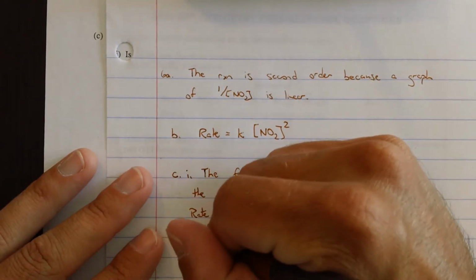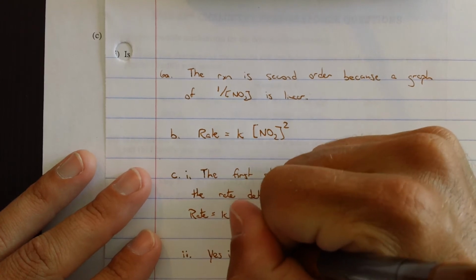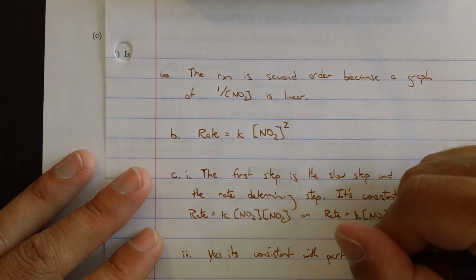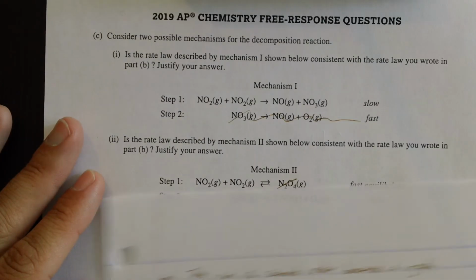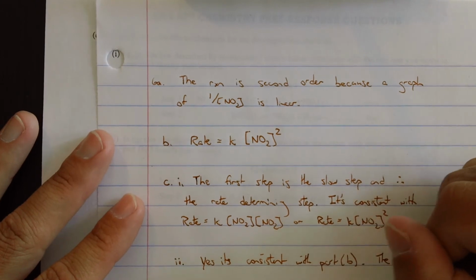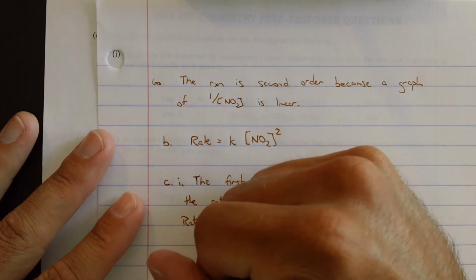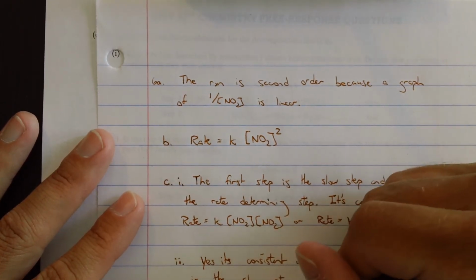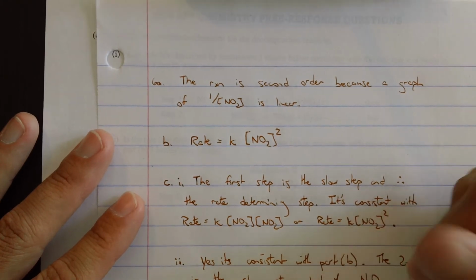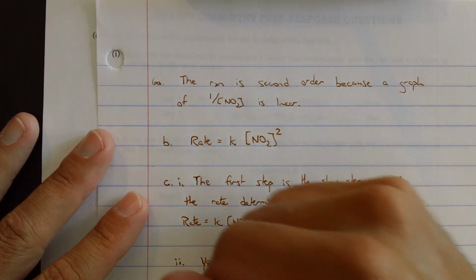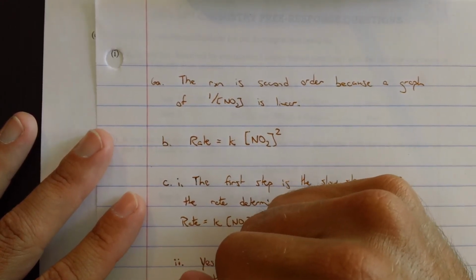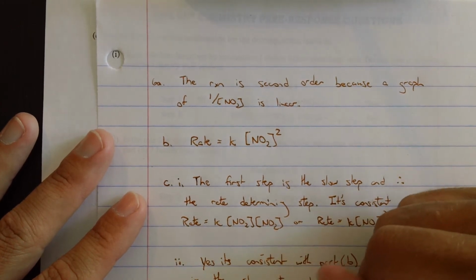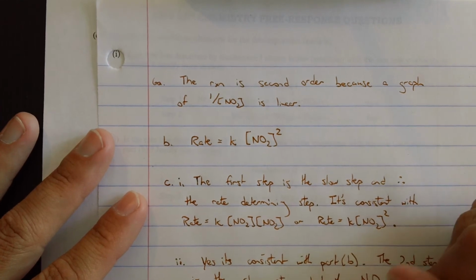So yes, it's consistent with part B. I would write the second step is the slow step, comma, but the N2O4 is an intermediate that doesn't contribute to the rate.